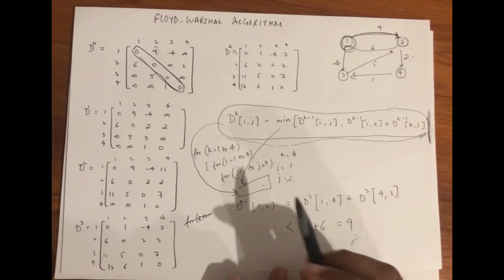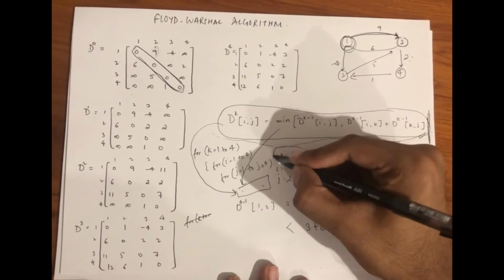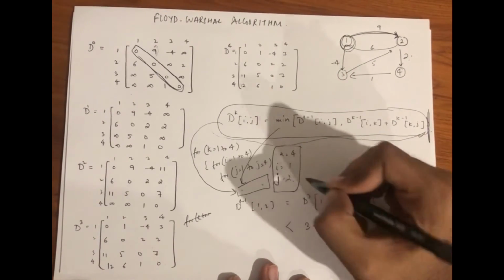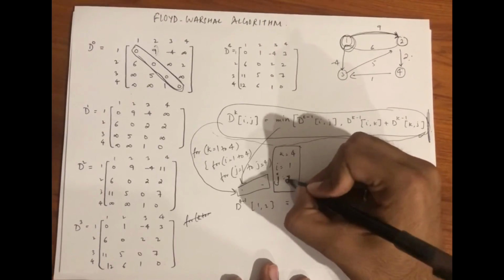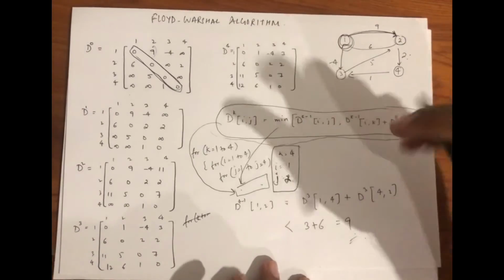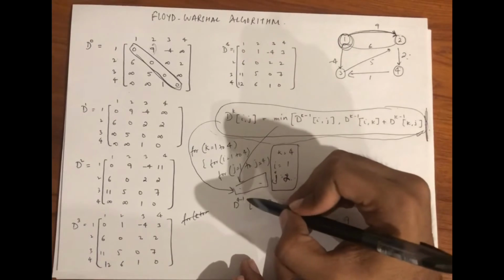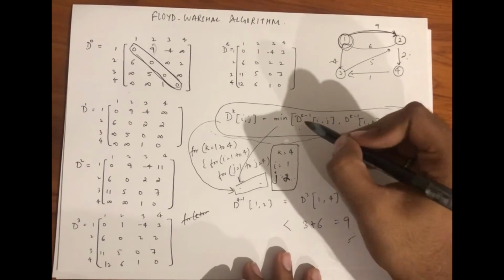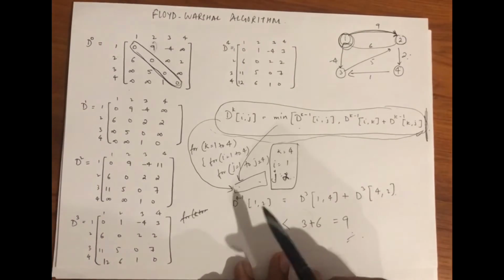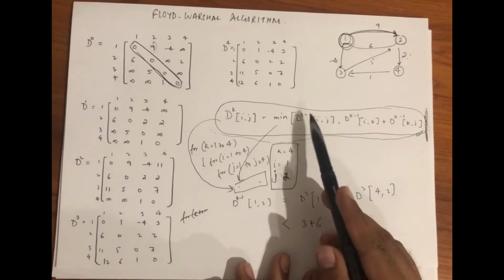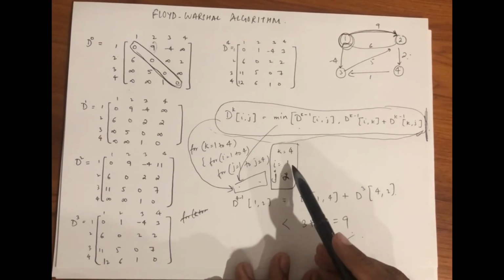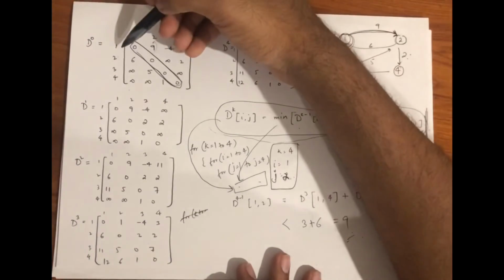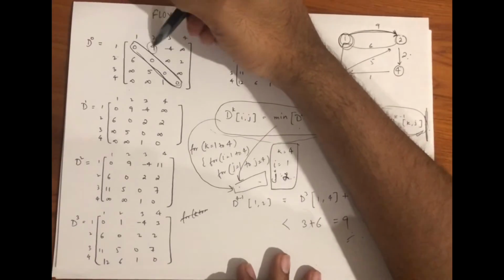For example, we took k as 4, i as 1 and j as 2. Now we just apply the equation by putting in the values, and for k=4, i=1 and j=2 we get 9. So let us see over here that for 1 and 2 we get 9.